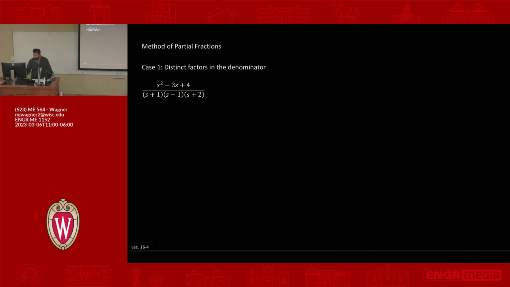All right, so the method of partial fractions says I have this function, and I'm going to assume that this function can be written equivalently as some unknown c1 over the first term that appears, so c1 over s plus 1, plus c2 over s minus 1, plus c3 over s plus 2.